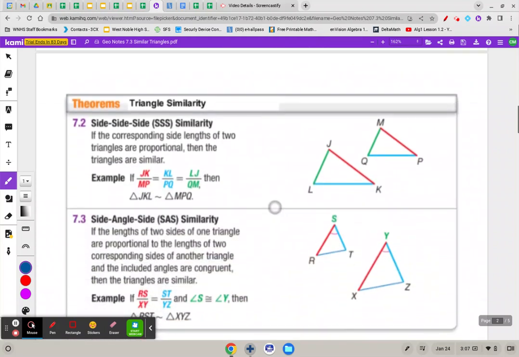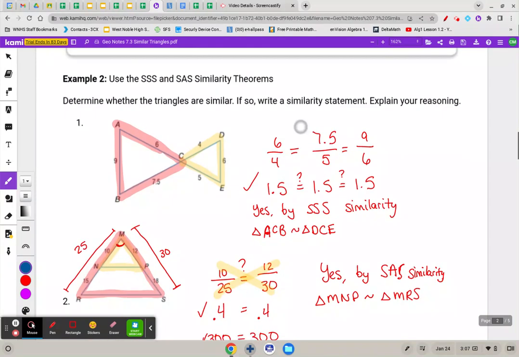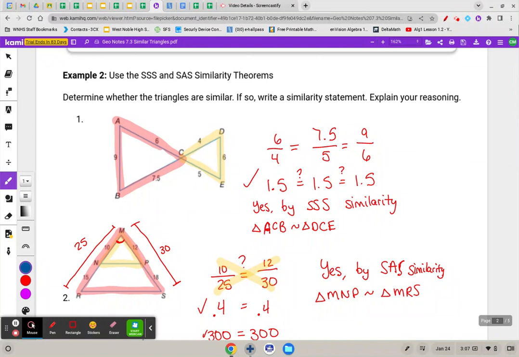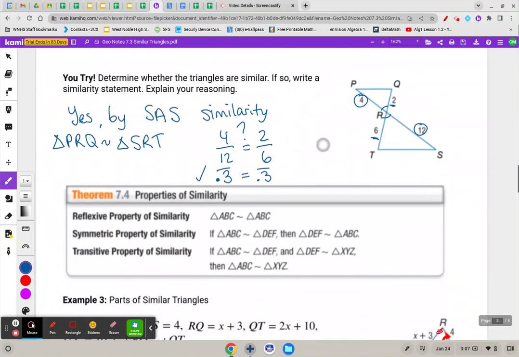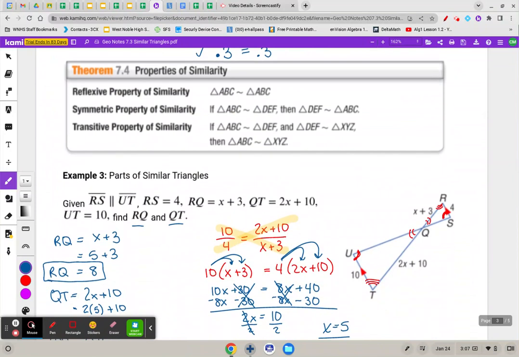We also saw side-side-side similarity and side-angle-side similarity, where we checked proportions based on smallest side, biggest side, medium side, and made sure they made sense. We saw properties of similarity: reflexive, symmetric, transitive, and then we did some solving.